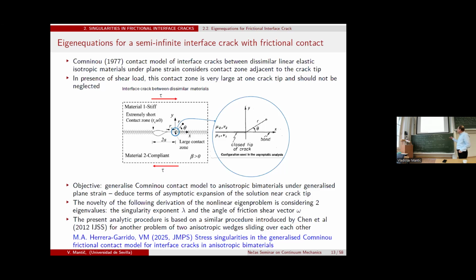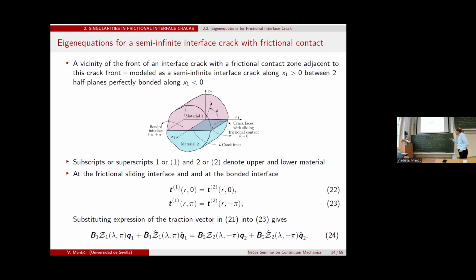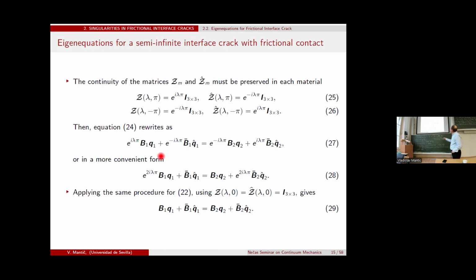If we use this expression, the second in 21, in this equilibrium interface condition, we obtain this equation, and if we consider that these diagonal matrices have a very simple expression, they are basically the identity matrix times a function e to the power of i lambda pi, we obtain this expression, which can be arranged to this expression, and okay, this is one.